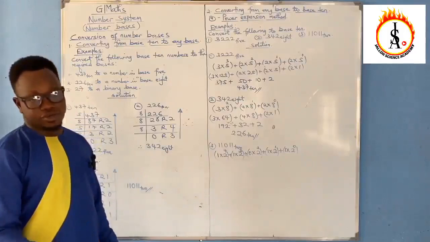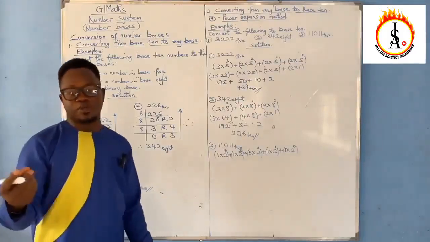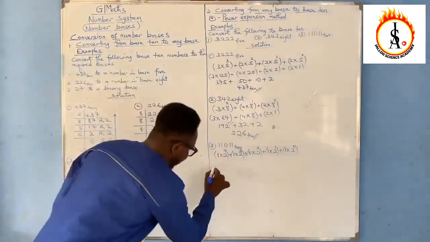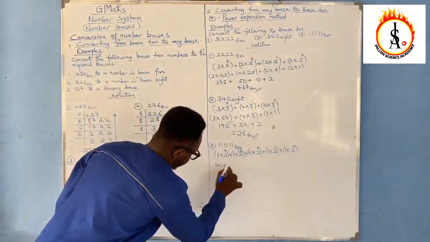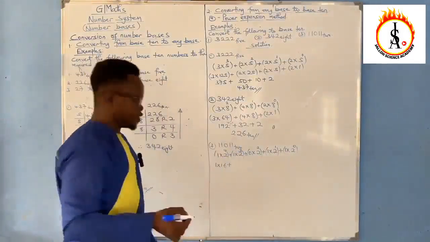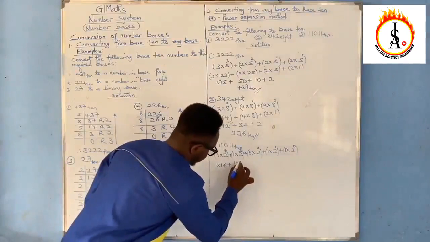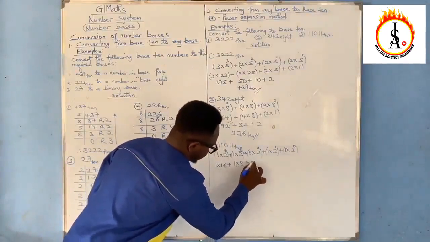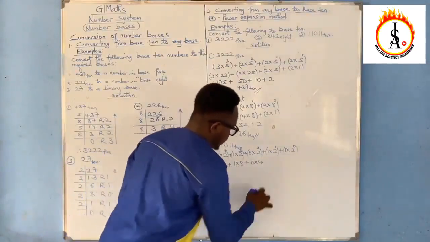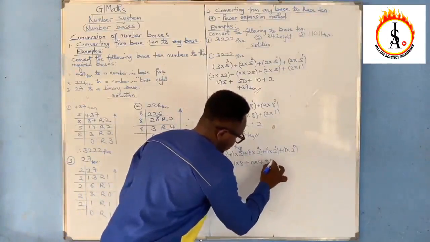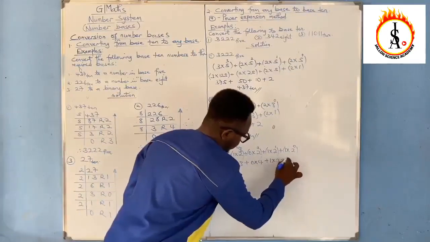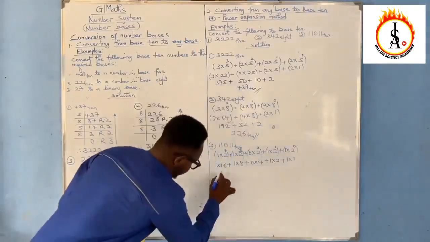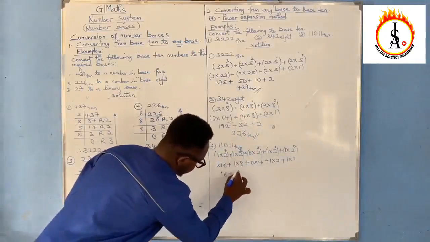And that is gonna give us 2 by 2, 4, 4 by 2, 8, 8 by 2, 16. So it is 1 multiplied by 16. 2 to power 3 is 8. That is 1 multiplied by 8. 0 multiplied by 4, or 2 to power 2 is 4. 1 multiplied by 2 plus 1 multiplied by 1. So this gives us 16 plus 8.